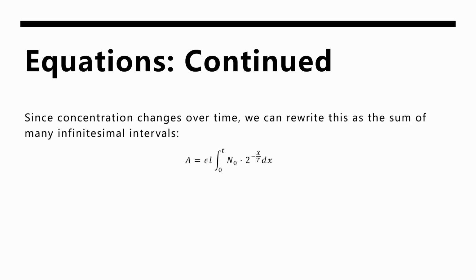And since the concentration changes over time, we can write this as a sum of many infinitely small intervals. A equals epsilon L times the integral of N0 times 2 to the power of negative x over T, integrated with respect to x between 0 and t.